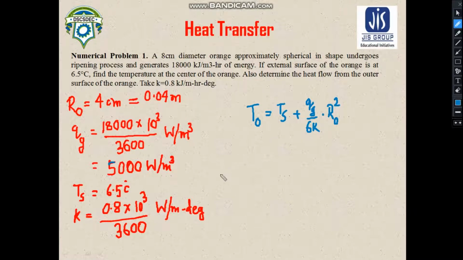To find the temperature at the center of any sphere, we should abide by this formula, and after understanding that, we have all the data available to calculate this. That means we have Ts as 6.5. Ultimately, if you go on putting all the relevant data which is available to us, Qg as 5000 watt per meter cube, and K as, sorry, I had missed it, it will be 0.222 watt per meter degree.